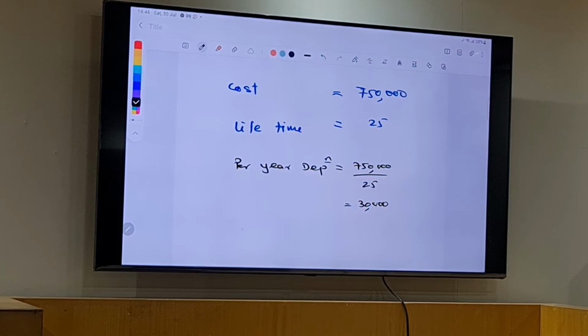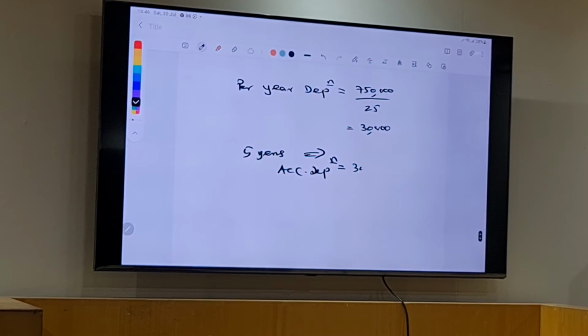And how many years are now finished? 5. So how much is the accumulated depreciation? 30,000 times 5, 150,000.